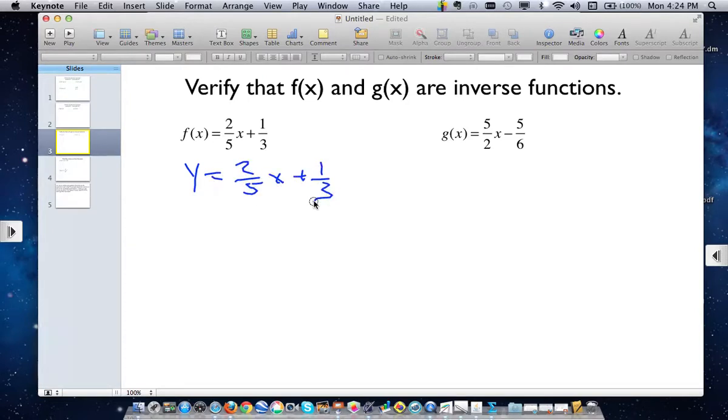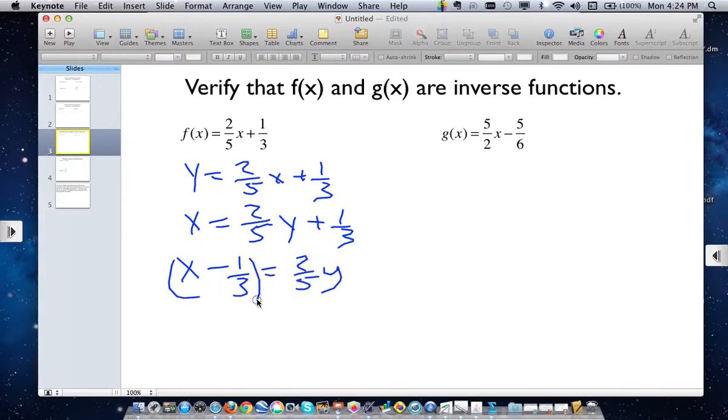So flip-flop your x and your y, and solve for y, get it by itself. So x minus 1/3 equals 2/5 times y, multiplied by 5/2. So y is by itself.